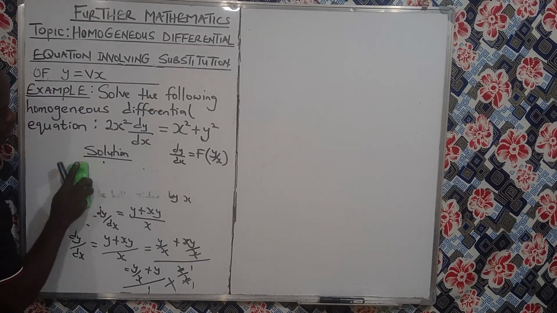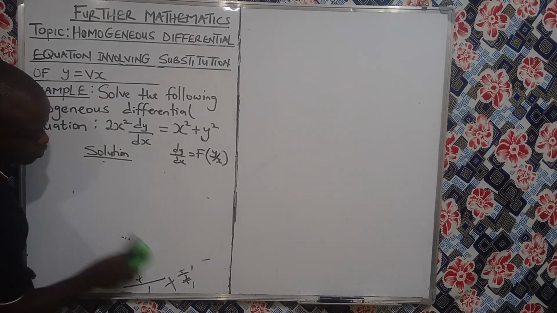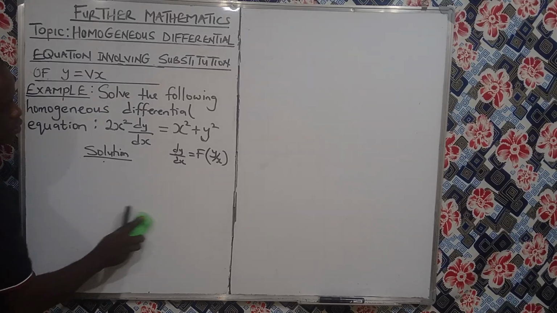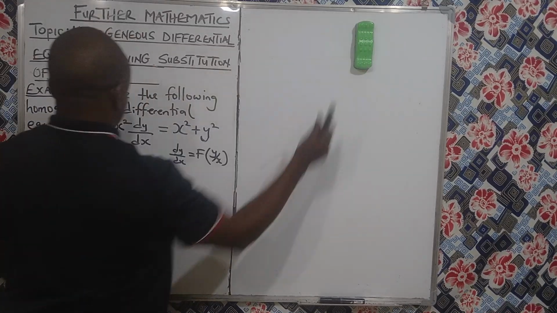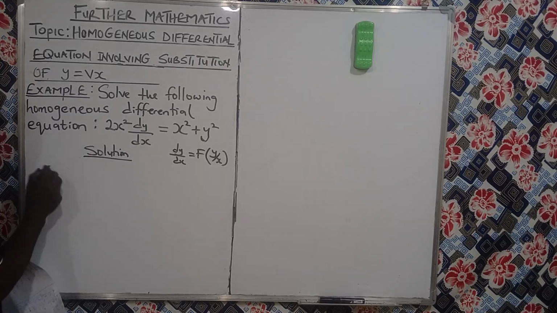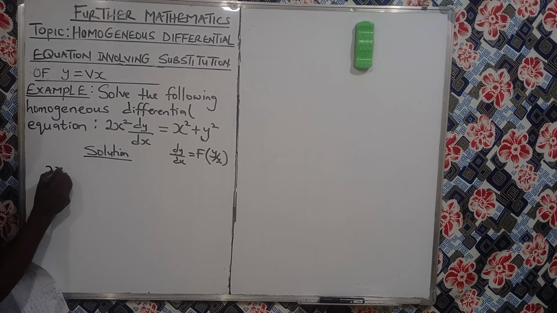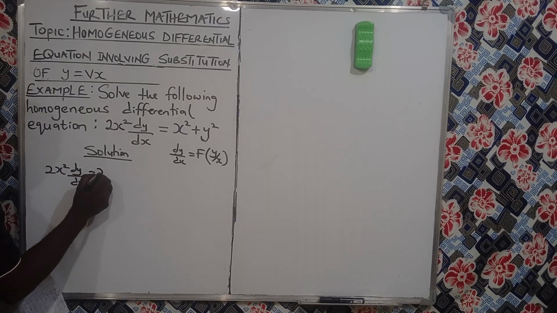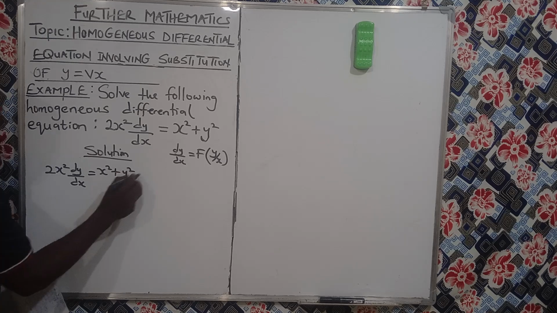Now let's go to the question. Now you're having 2x squared dy over dx equals to x squared plus y squared.